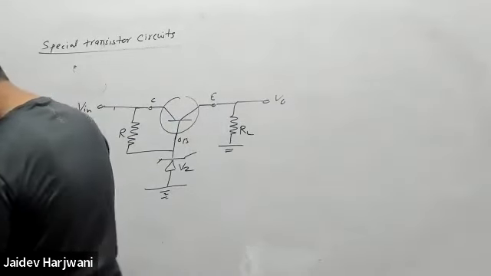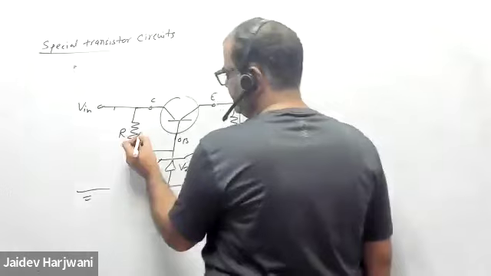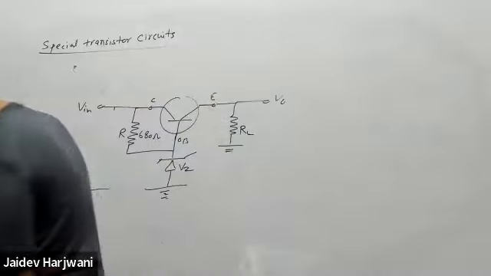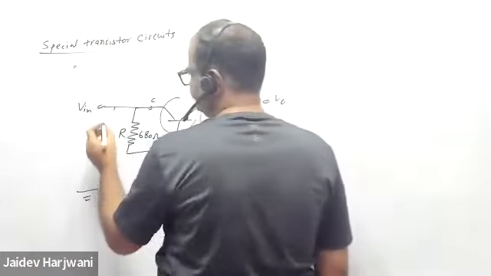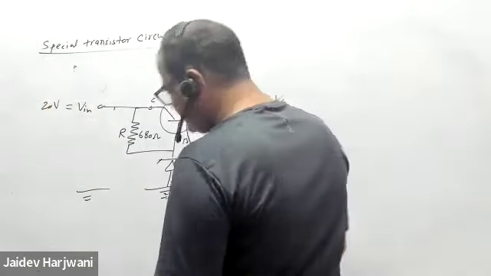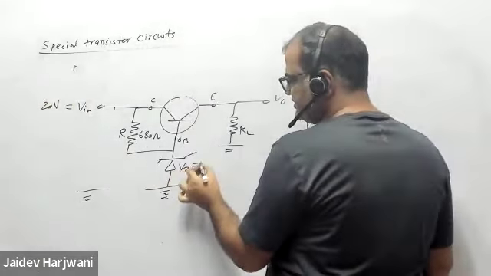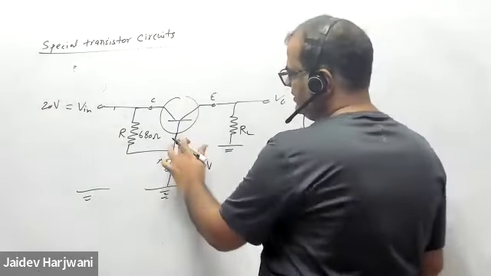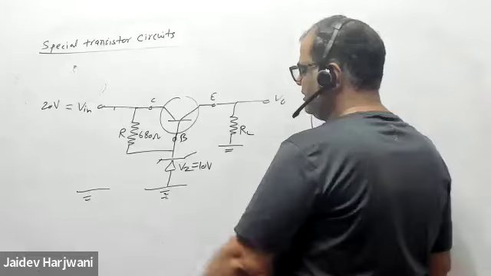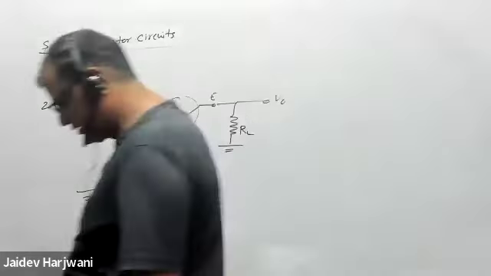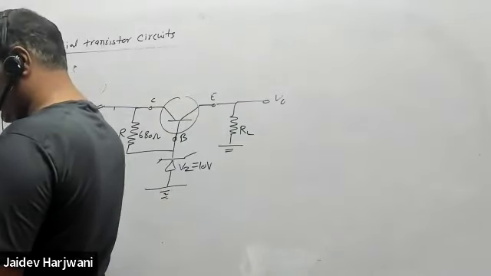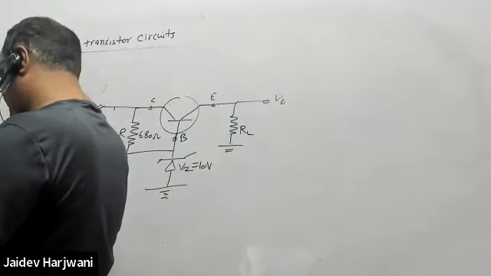The value of R is given as 680 ohm, and the input voltage VCC is given as 20 volt. VZ is 10 volt, and the value of RL is given as 15 ohm.